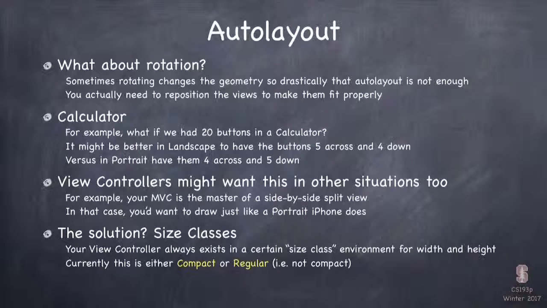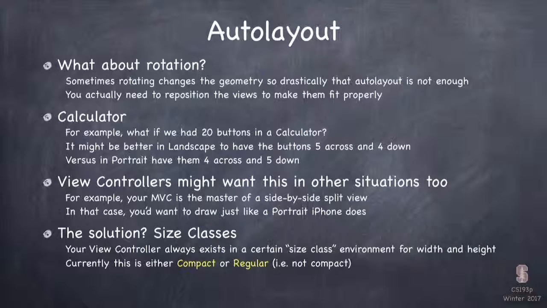Now, Apple has chosen to take an approach to dealing with this which is fairly simple, which is a pretty good idea, because you could imagine a very complicated solution that tries to take into effect every possible geometry and every size. You can end up writing a lot of code or a massive number of auto layout constraints to make it work.